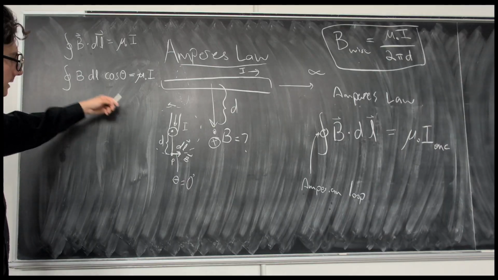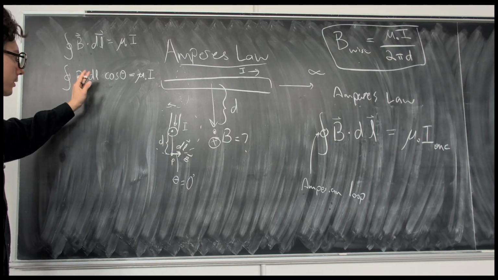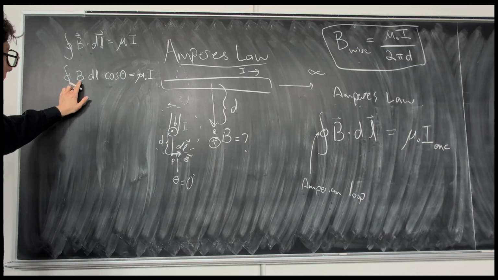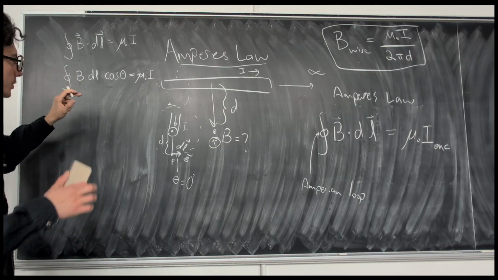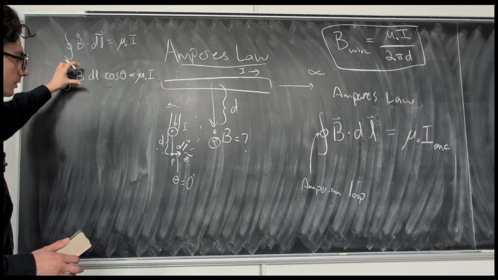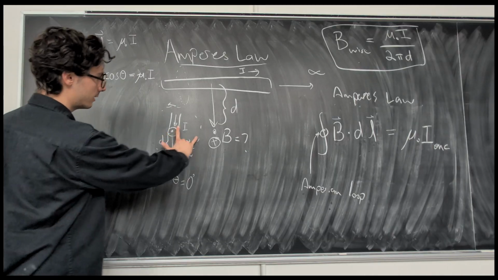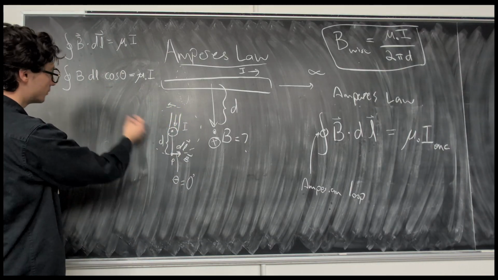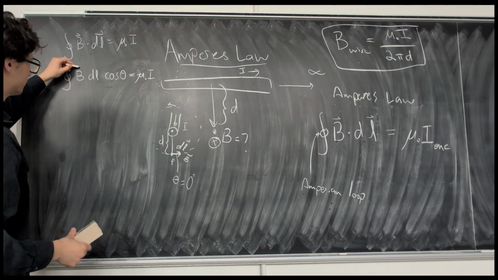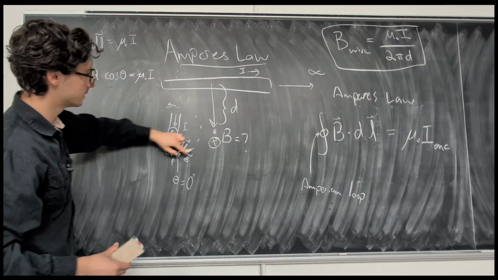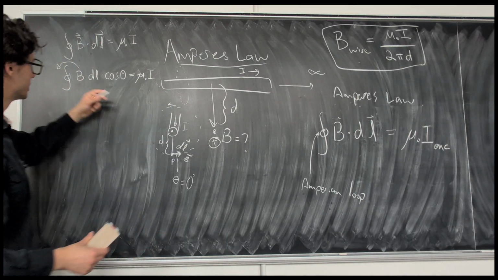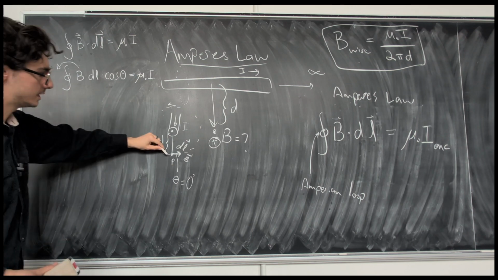This dl has a length of dl. It's super thin, we don't know its length. This B doesn't have a length per se, it has a magnitude, and this magnitude is constant all the way around. Since it's constant, we can pull it out of the integral, because it is constant around the bounds of integration. The bounds of integration are the 2D Amperian loop.